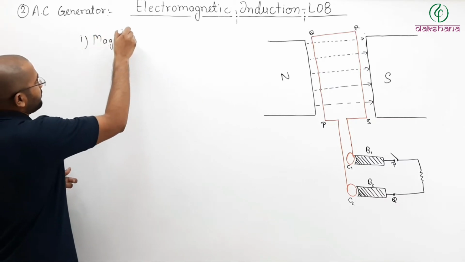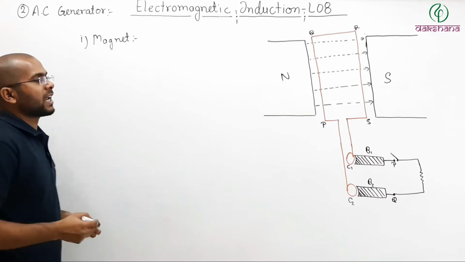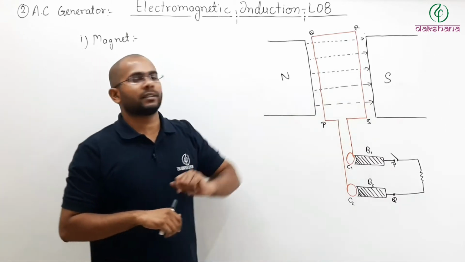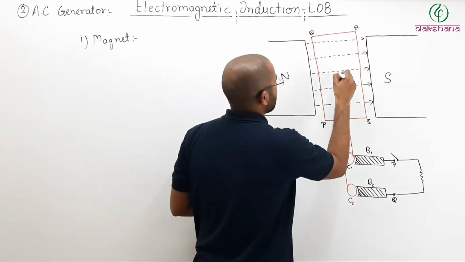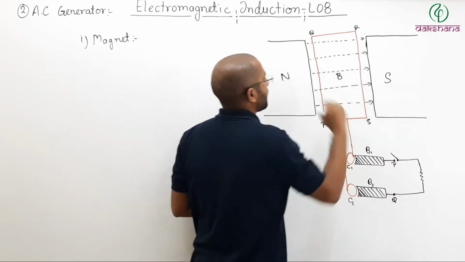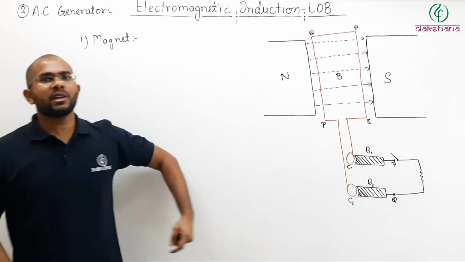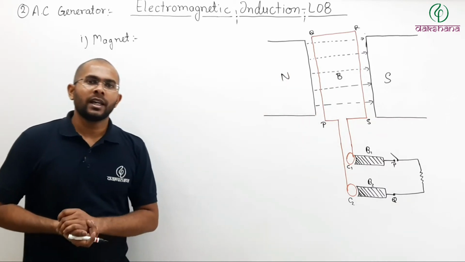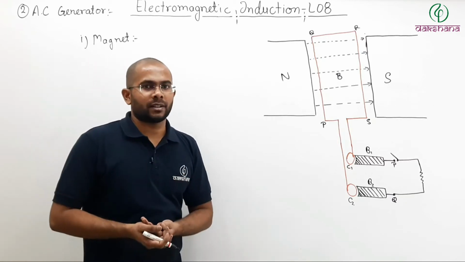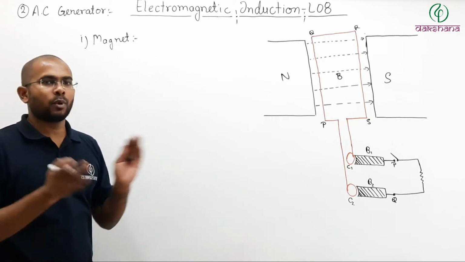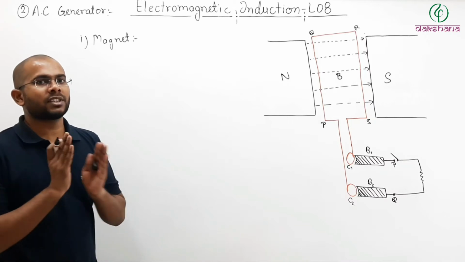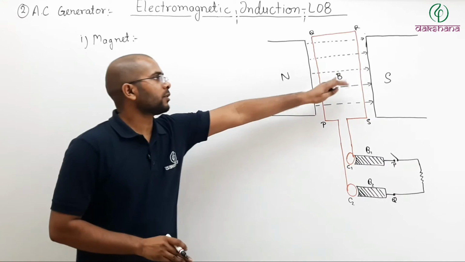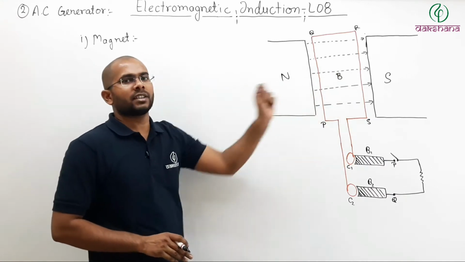The purpose of the magnet is to generate a very strong magnetic field in this area, let us write that as B. This may be your permanent magnet, or it may be an electromagnet. Both are possible, but both will generate a constant, uniform, very strong magnetic field.